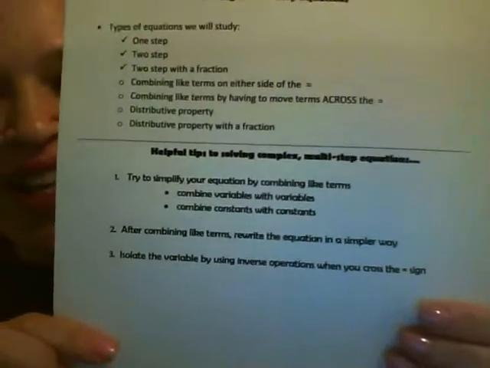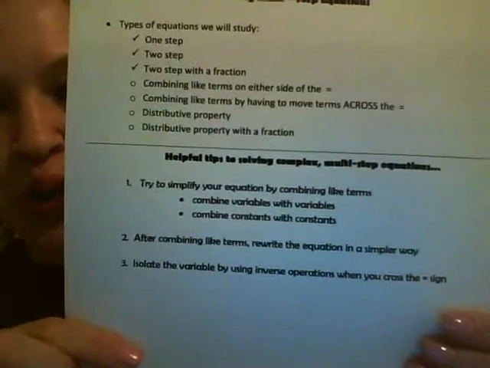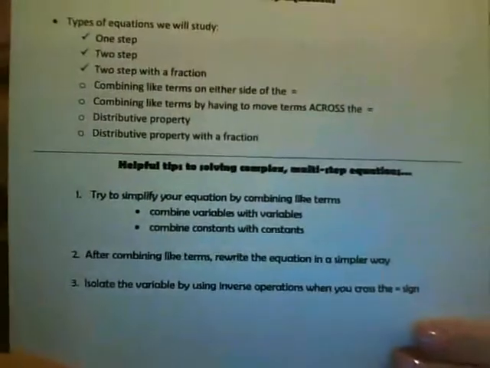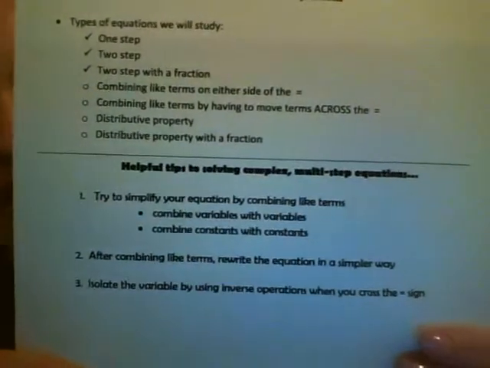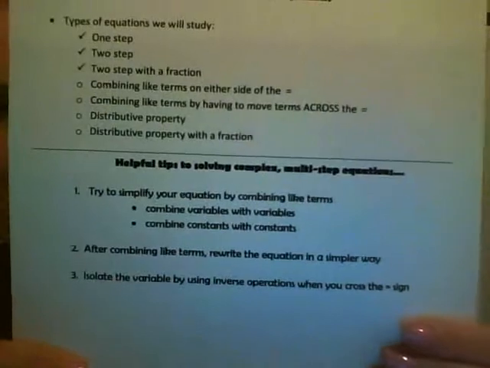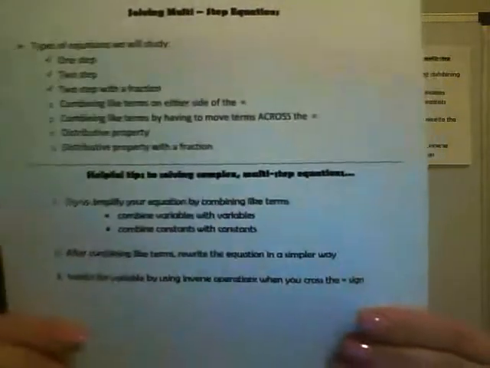All right, so down here are some helpful tips for you to be able to navigate through solving the equations. So let's just look at them real quick. Obviously these equations are going to be very long. And in order to make them easier to solve, we're going to simplify the equations by combining like terms.